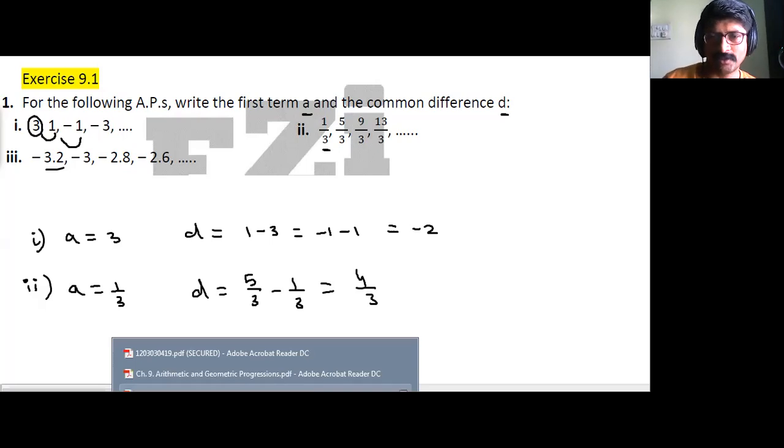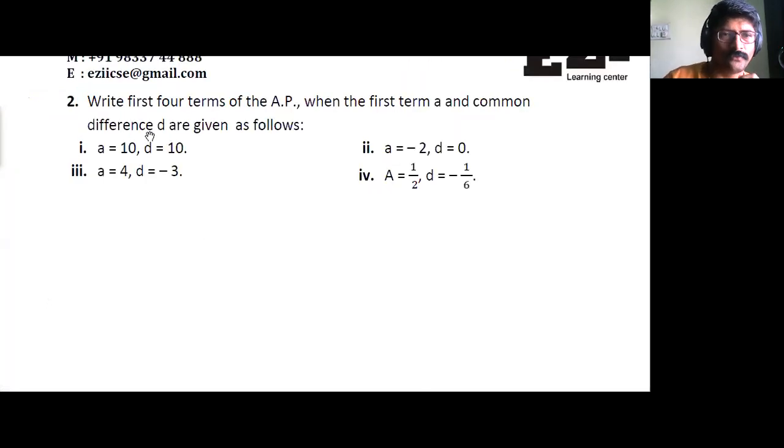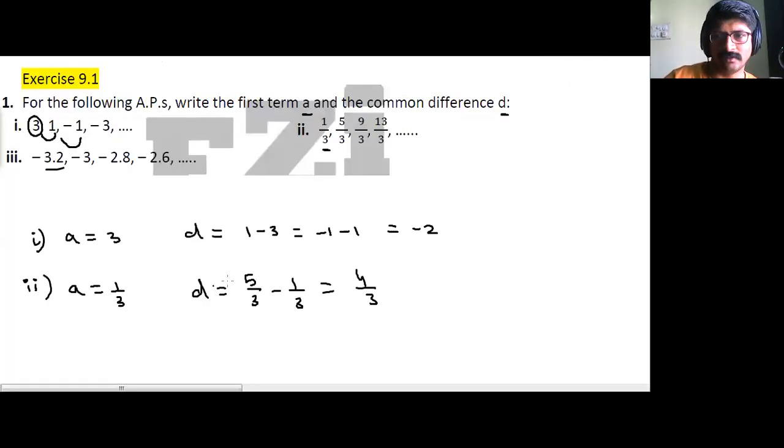So what will be the next question? Let's say you have to write the first 4 terms of the AP. a is given as 10 and d is given as 10. So a is equal to 10 and d is also equal to 10. We're supposed to write the first 4 terms of the AP.